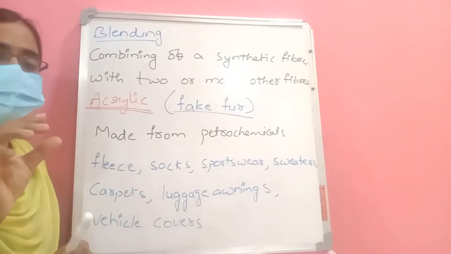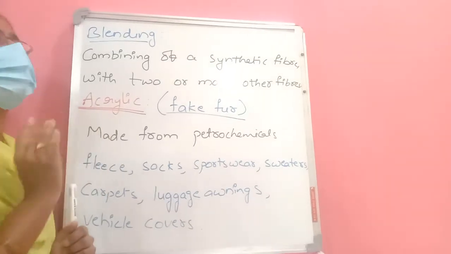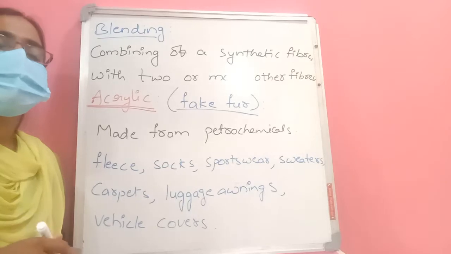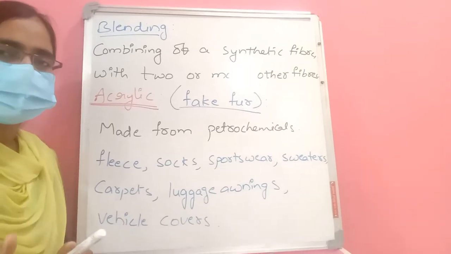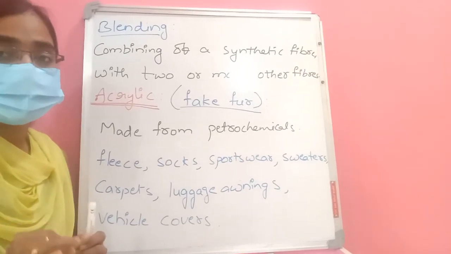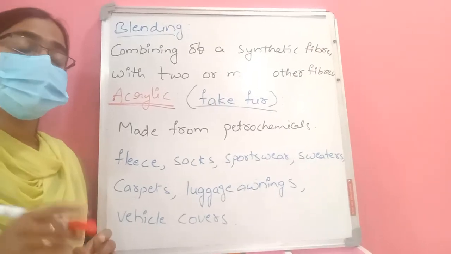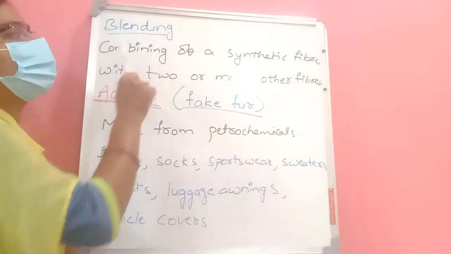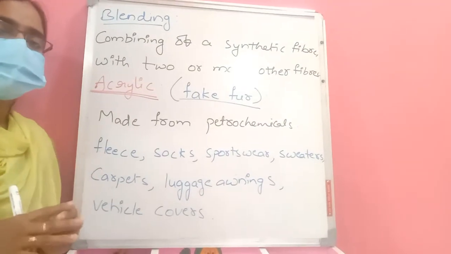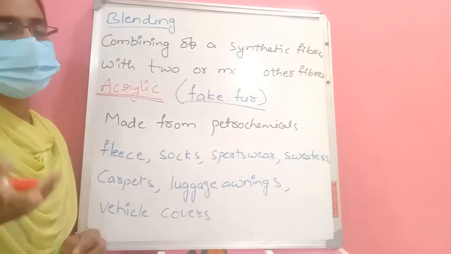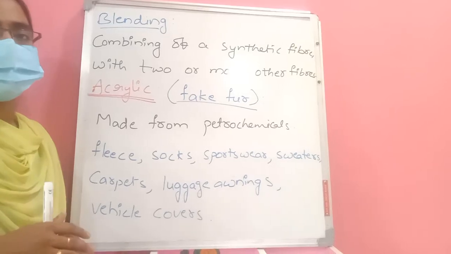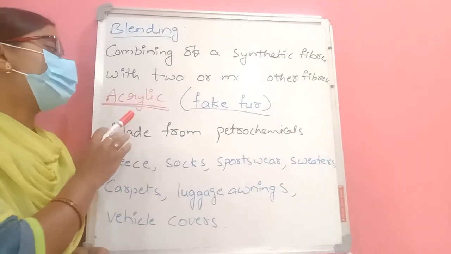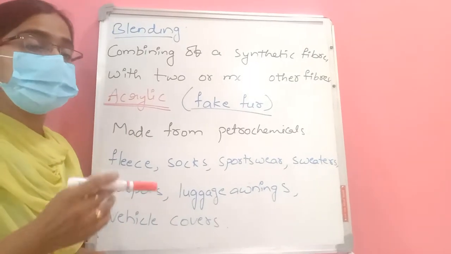So if we add rayon to natural cotton, the two together give their combined properties. That cloth cannot wrinkle easily or break easily, and its quality is good. That's why we blend. Blending means mixing one synthetic fiber with two or more other fibers, natural or synthetic. That is called blending.